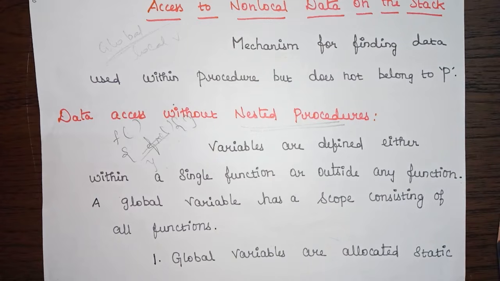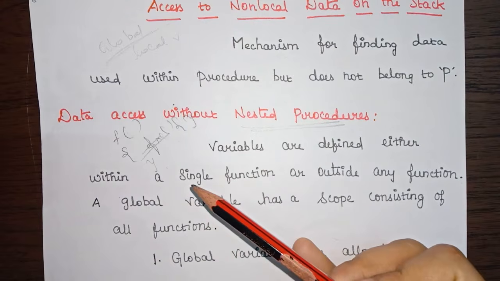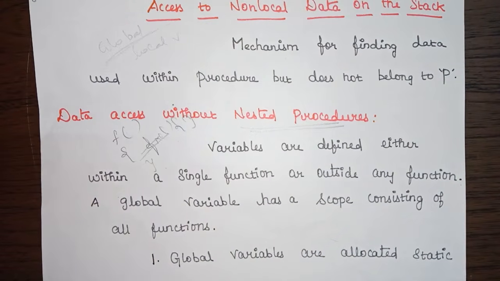As I mentioned, it is impossible to declare one procedure inside another. The global variable has a scope that consists of all the functions that follow the declaration of the global variable, so the functions can use it anywhere in the program, right?